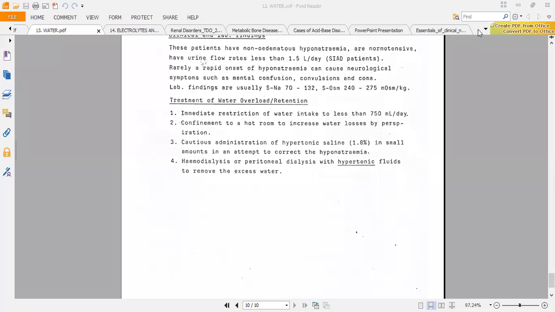aldosterone reabsorbs sodium and excretes potassium and hydrogen. So if you have high aldosterone levels, you are going to absorb more sodium, and that will lead to hypernatremia.